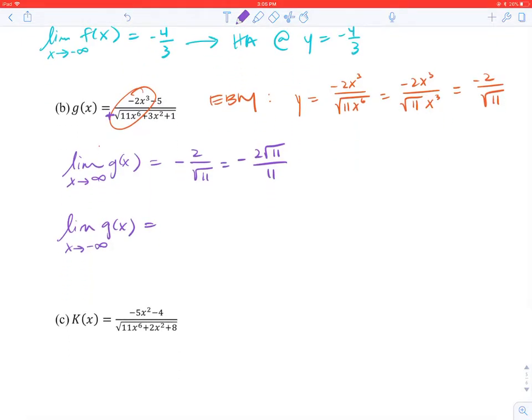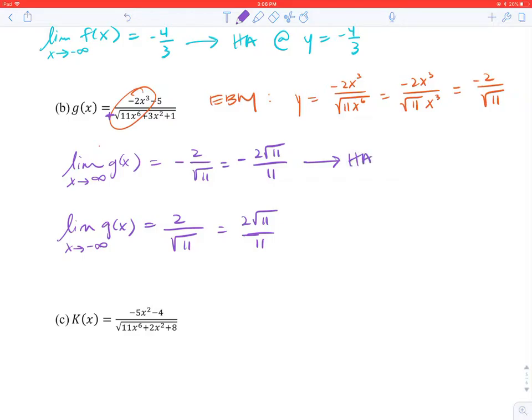And then for x approaches negative infinity, the numerator will give us negative values, because a negative cubed is a negative, and then times negative 2 would be positive, and the denominator would be positive. So we'll have 2 over root 11, or 2 root 11 over 11.